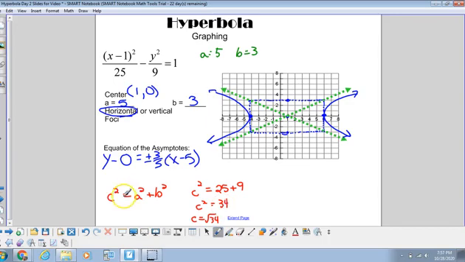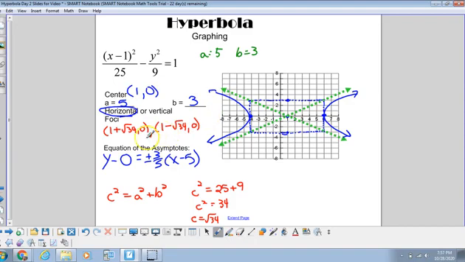And so that is the amount that we're going left and right of our center. And since our center is at 1, 0, then our foci will be at h plus c, k, and h minus c, k.